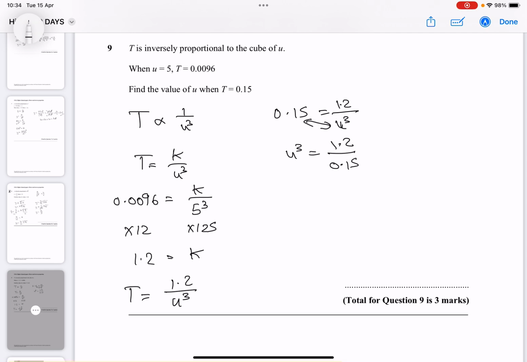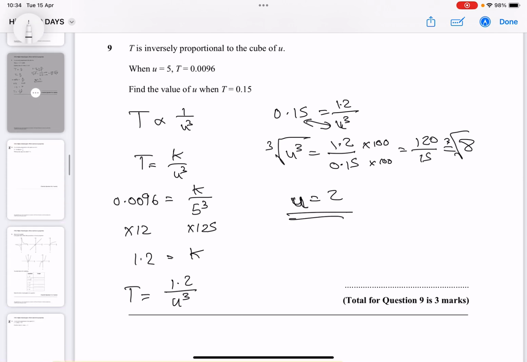If I multiply these both by 100 to scale them up, that would be 120 over 15, and that is in fact 8. If I do the cube root and the cube root, u equals 2, because the cube root of 8 is 2. Quite a few of these.